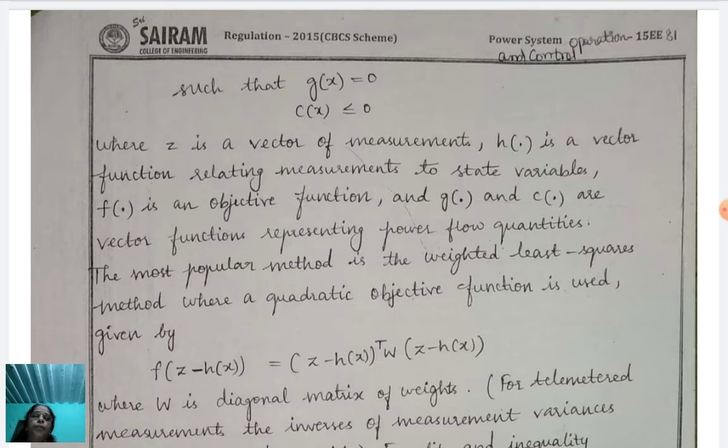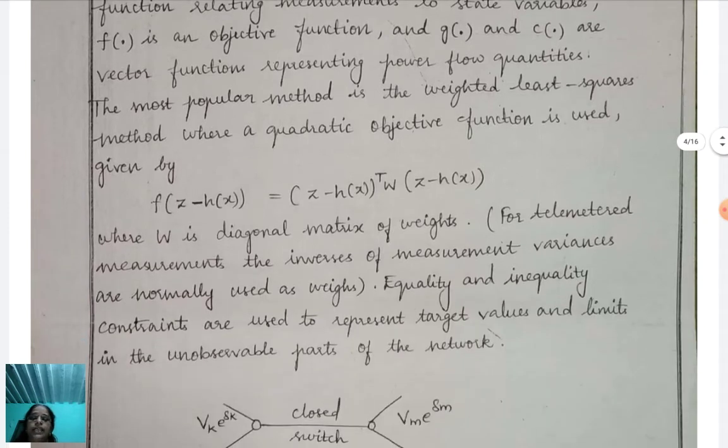The most popular method is the weighted least squares method, where the quadratic objective function is given by f(z, h(x)) = (z - h(x))^T W (z - h(x)), where W is the diagonal matrix of the weights.